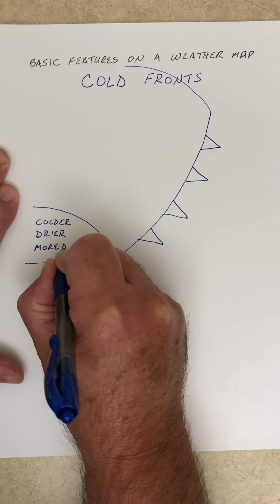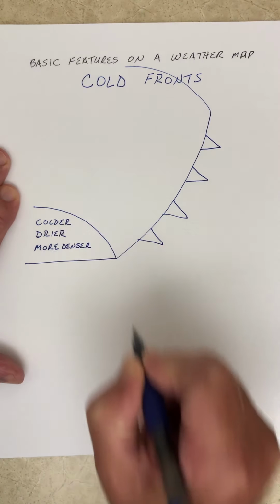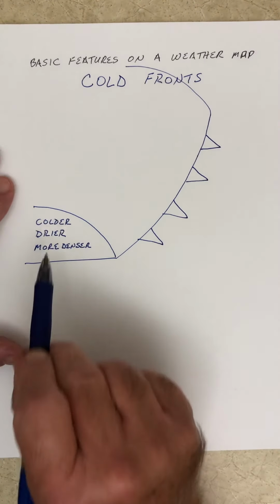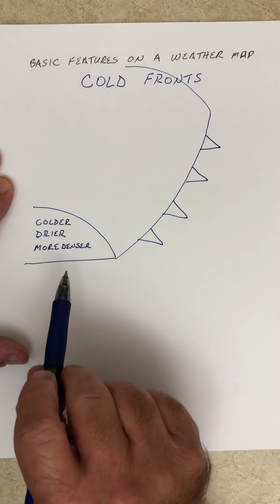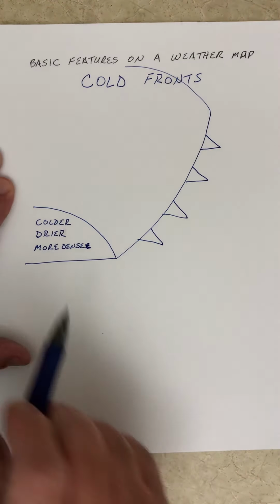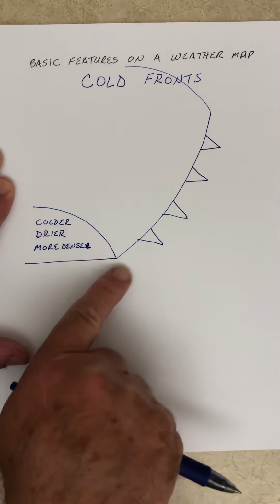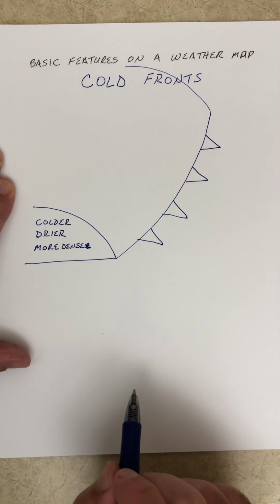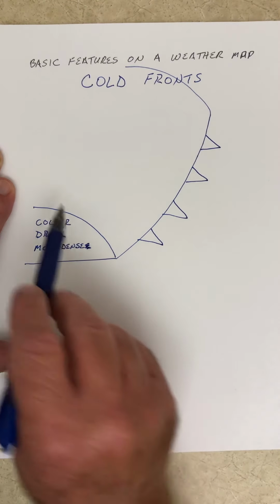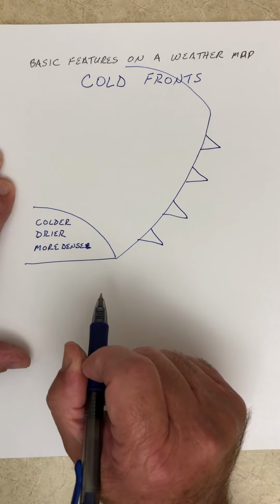And density differences are going to be huge in terms of weather. And so the air behind the cold front is colder, drier, and more dense. And the triangles are pointing into the direction that the front is moving. So in this particular case, colder, drier, more dense air is moving from left to right across the page.